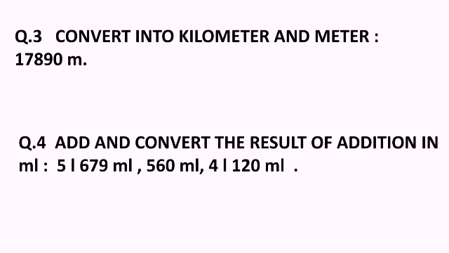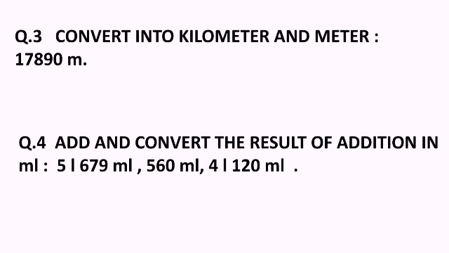So after getting the result of addition, you need to convert the addition result into milliliter. That means you will get the answer in liter and milliliter, and after that you have to convert it into milliliter. So you know the rule of conversion. Whenever you need to convert larger unit to smaller unit, you have to multiply. Smaller to larger, you have to divide.